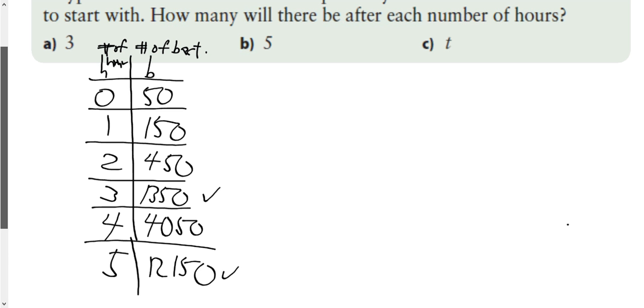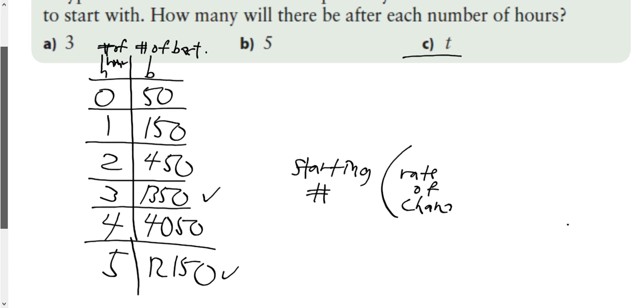But this last one says after t hours. It's asking us, can we devise a formula that will calculate it? And the answer is yes, there is a formula for exponential growth. We have our starting number multiplied by the rate of change.